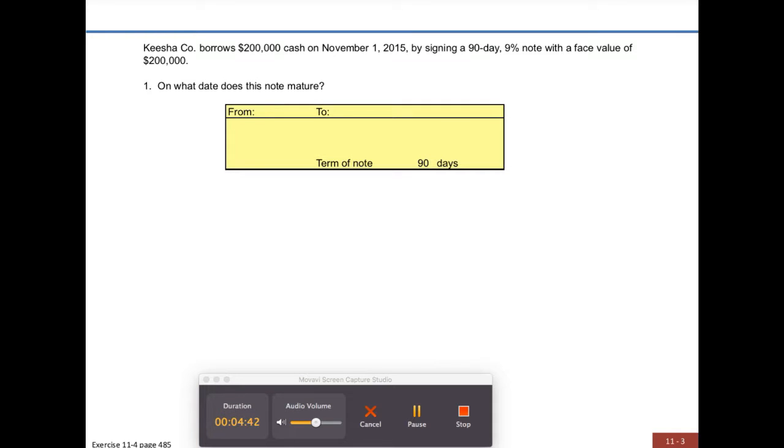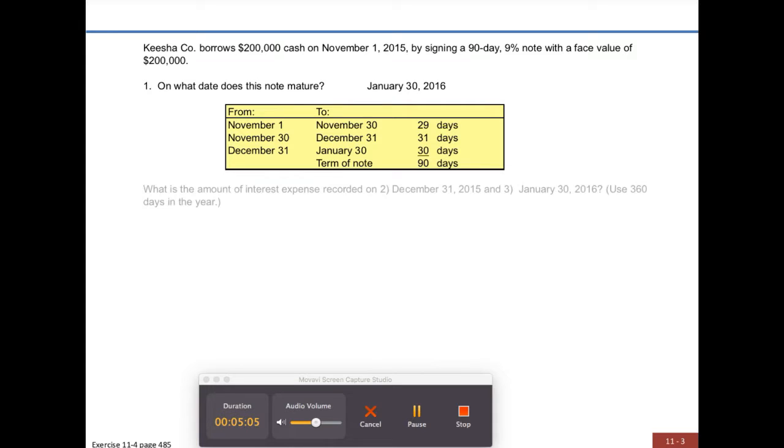Again, I'm not sure why we really need to explicitly walk through counting 90 days again. But if we did, this would be how we did it. So that takes us to January 30th as the maturity date.